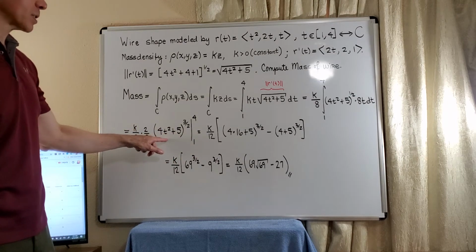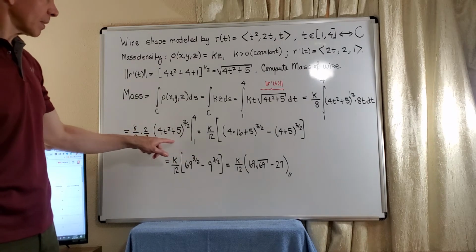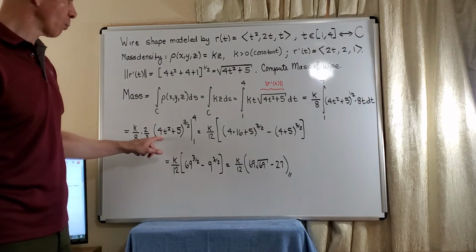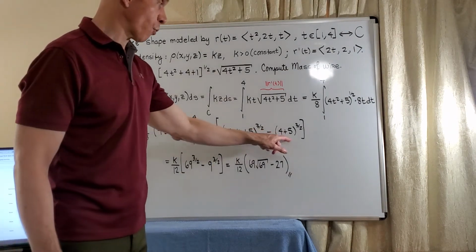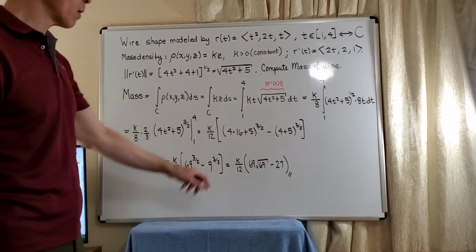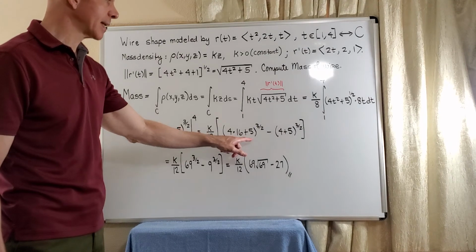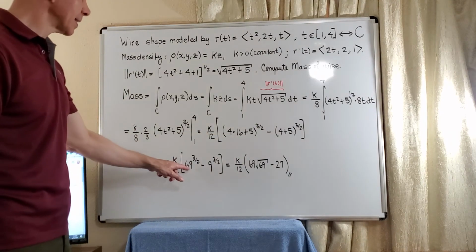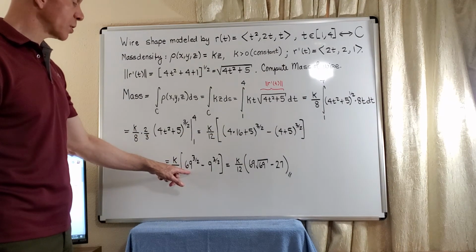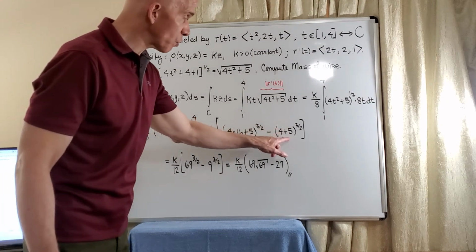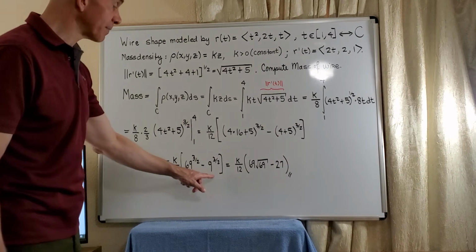And then now we just evaluate it at 4. So we'll have 4 times 16 plus 5, and we'll evaluate it at 1. And that'll just give us 4 plus 5. Now, of course, this will just be 64 plus 5, which is 69. So we have basically the 3/2 power of 69, and then here we have the 3/2 power of 9.